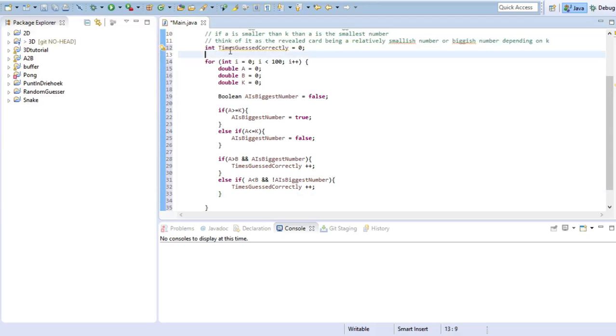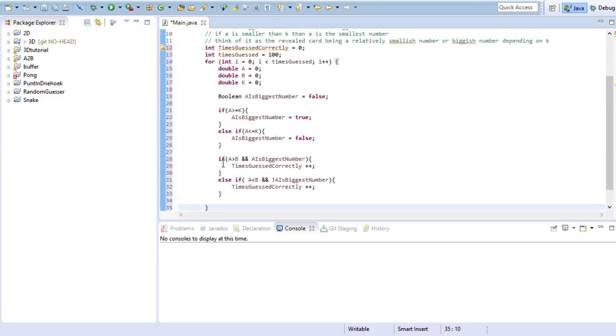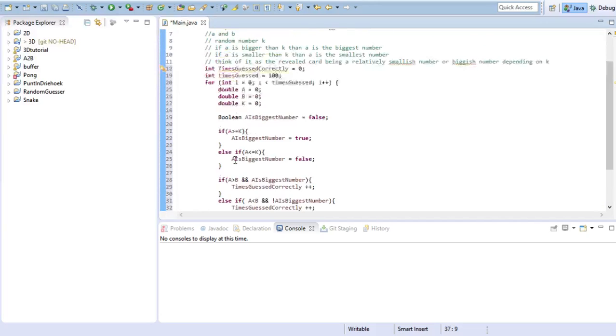Maybe I should print times guessed is 100. And now I guess I should calculate the percentage.